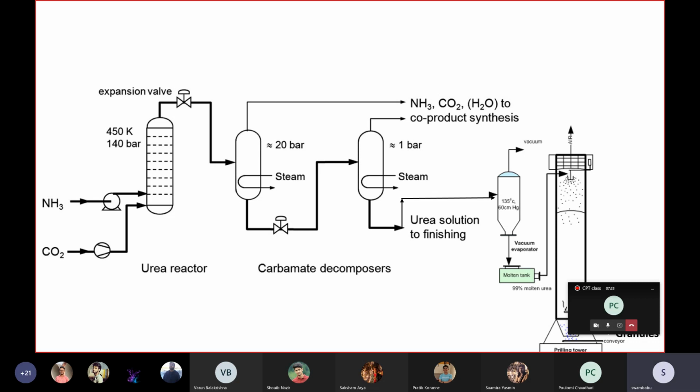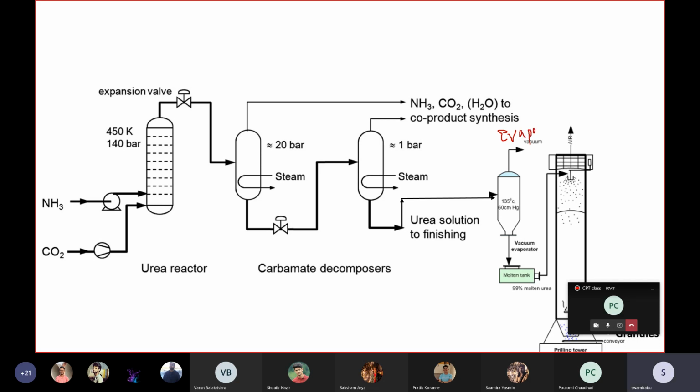The urea solution has water, so we want to make it concentrated, like a molten salt. So we have here the vacuum evaporator.